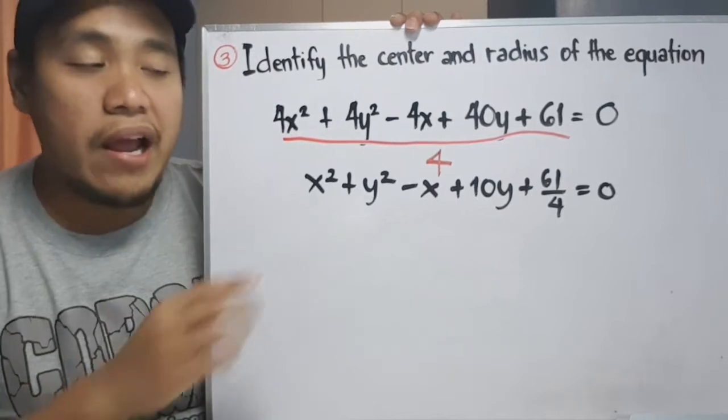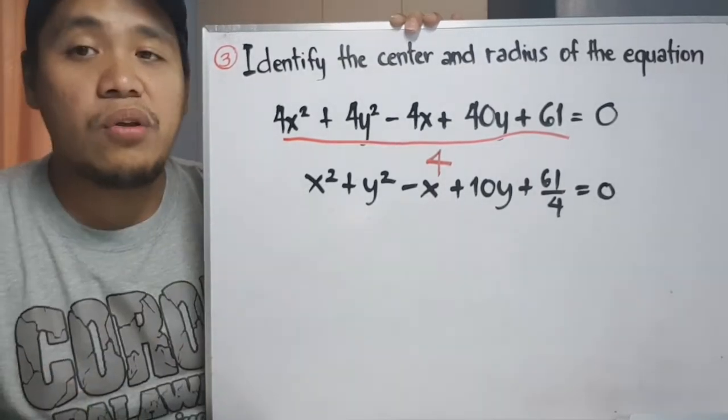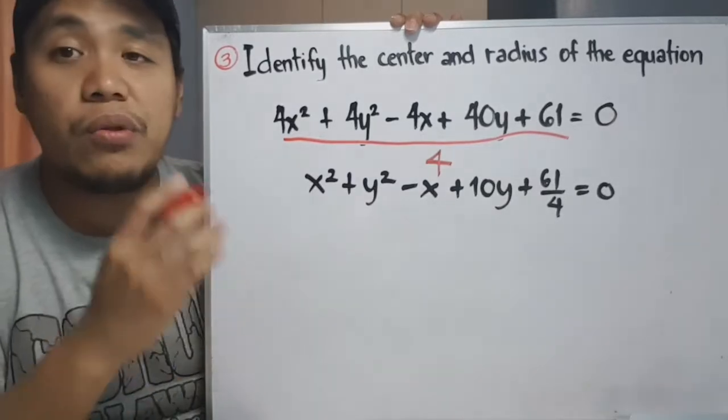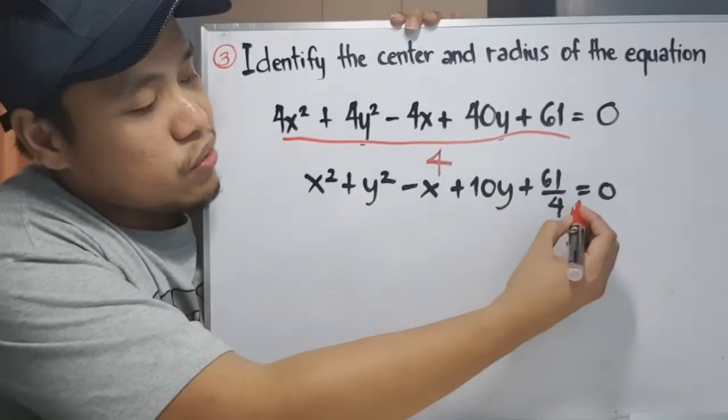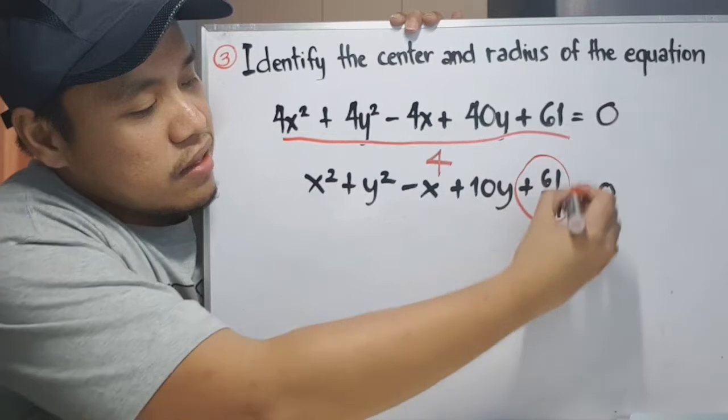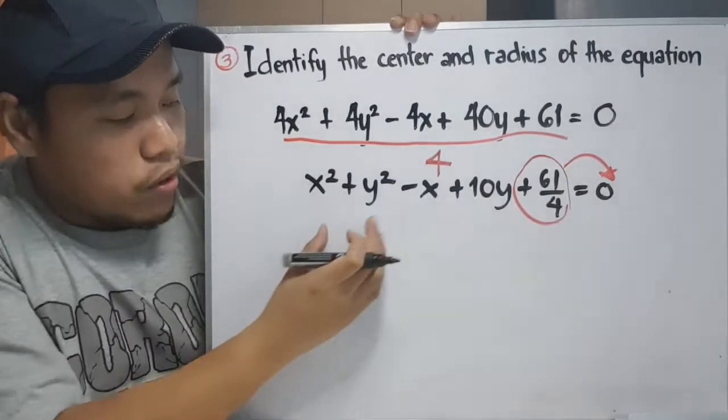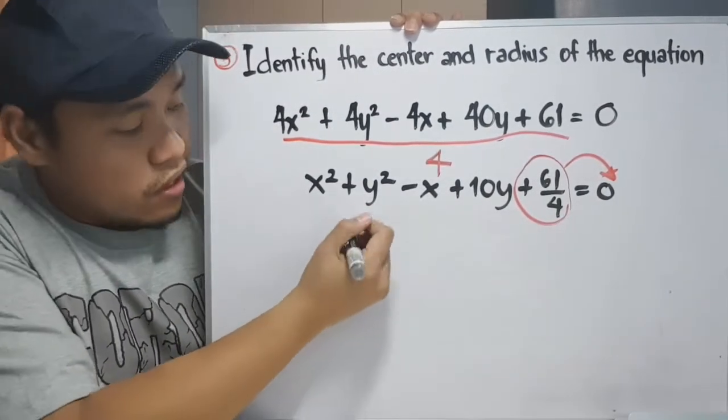Now, after we rewrite this in this form, we will now continue to our process like what we did with the first two examples. So, we need to isolate again the constant. We will also regroup our terms according to the variable.